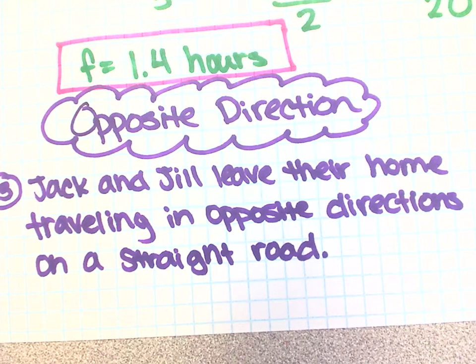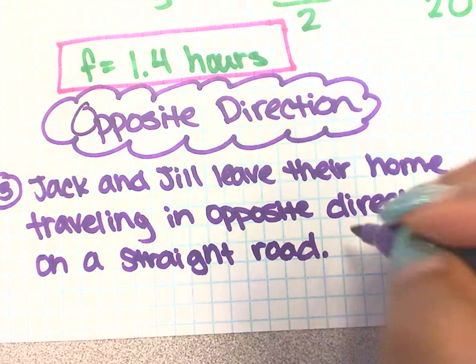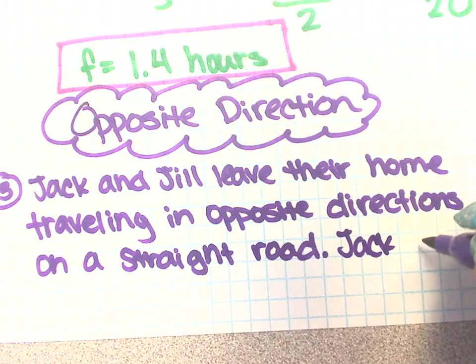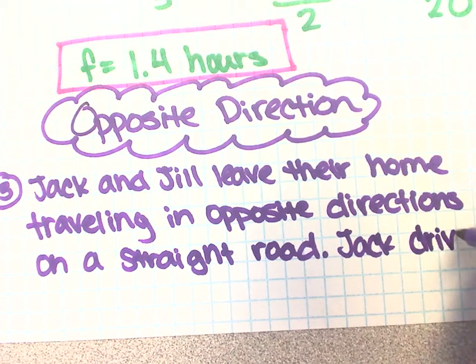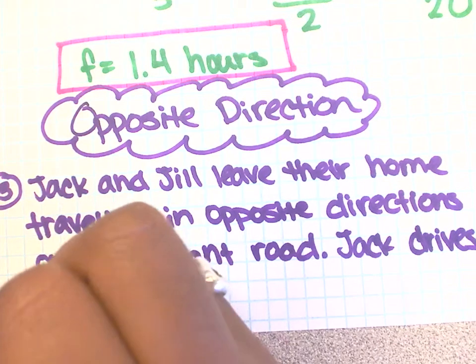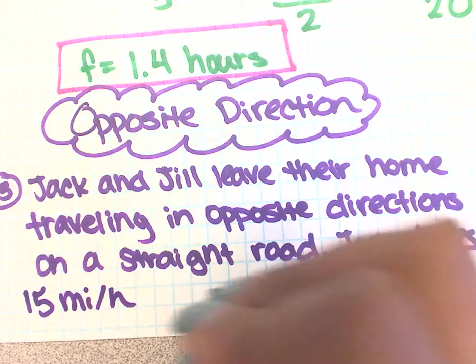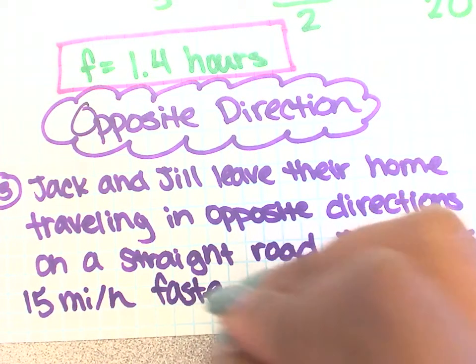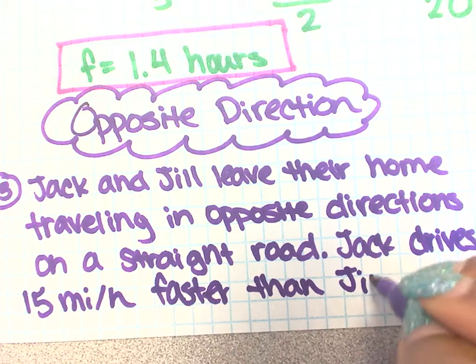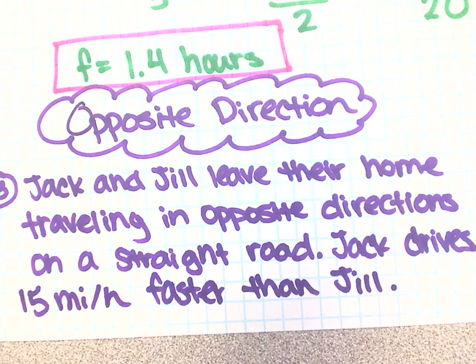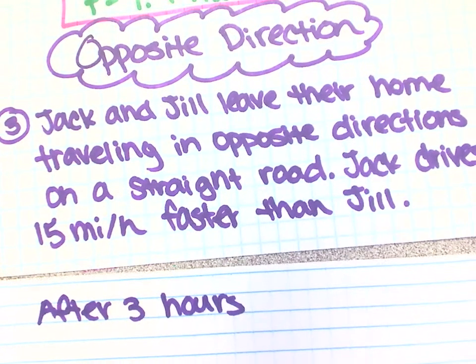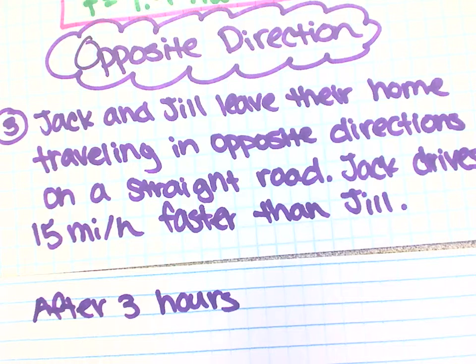Well, Jack drives 15 miles an hour faster than Jill. Yeah, they're teenagers now. Jack drives 15 miles an hour faster than Jill. He's a speed racer. After 3 hours, they're 225 miles apart.